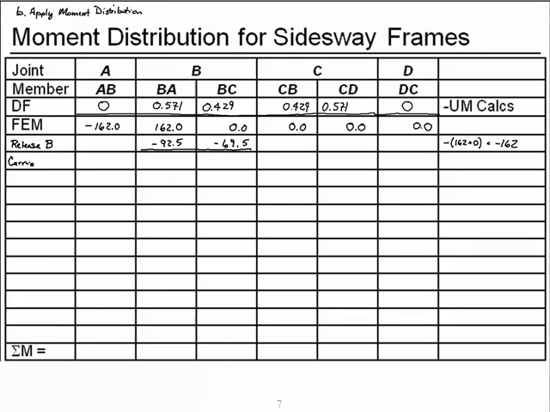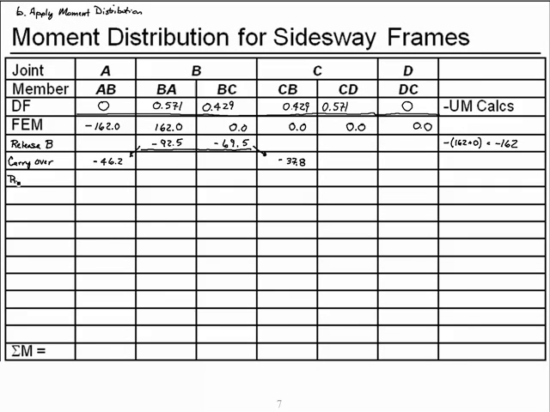But we have carryover. And because the members are all prismatic, the carryover is half of the moment we just distributed to the member. So when I take half of negative 92.5 foot kips and round it off, we carry over a negative 46.2 foot kips to node A, and we carry over a negative 37.8 foot kips into node C in member BC.